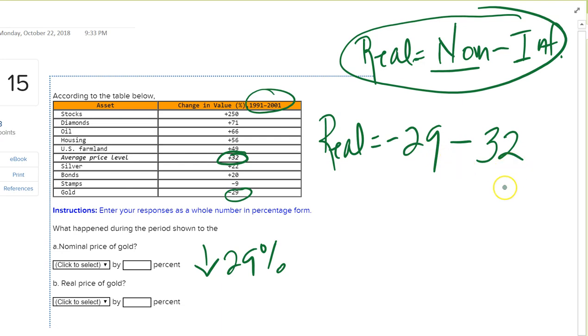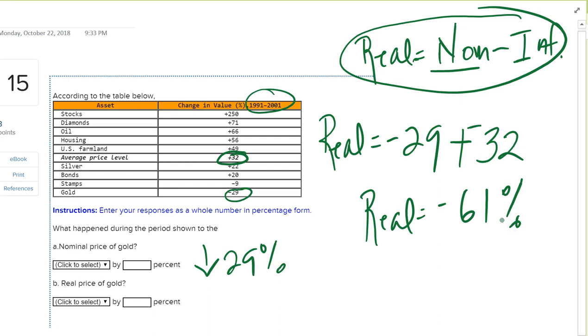Overall, the average price level rose by 32%. So this is just simple subtraction. A negative minus a positive, or we could do it plus a minus 32. Either way, we sum these together, and we're going to get the real change in price for gold is equal to a negative 61%.